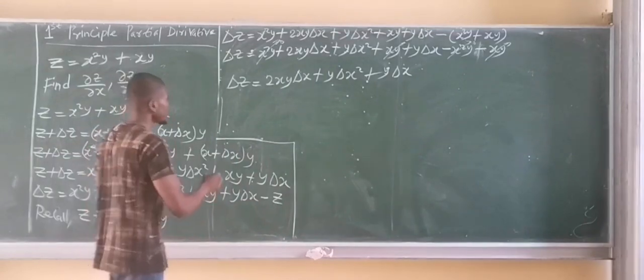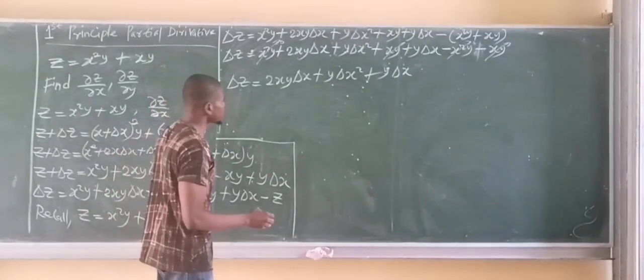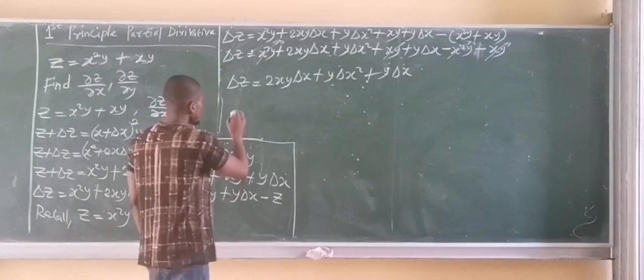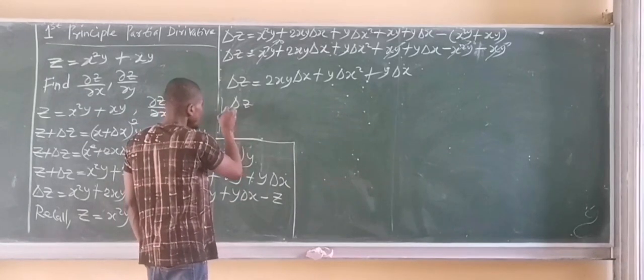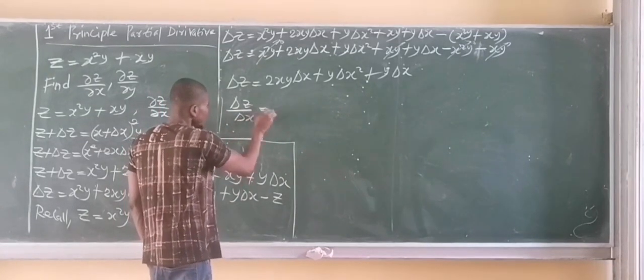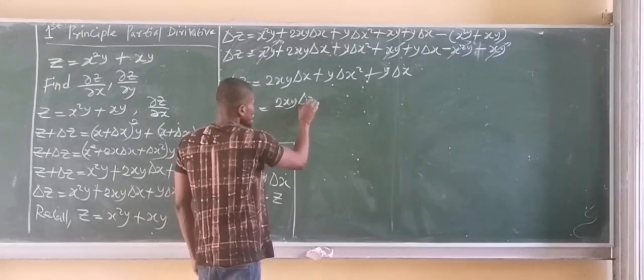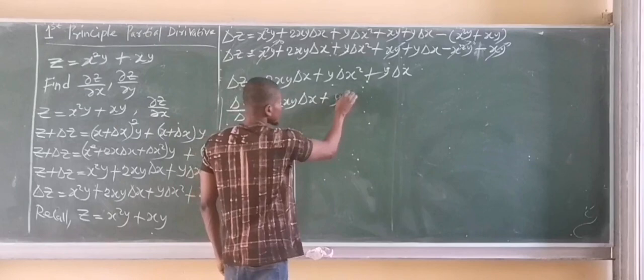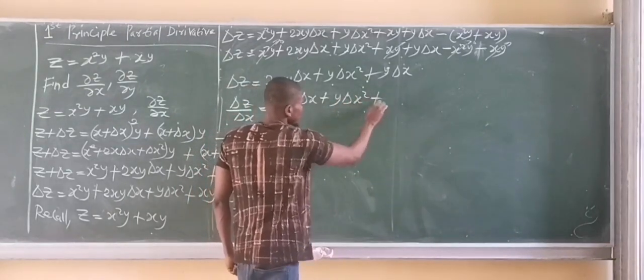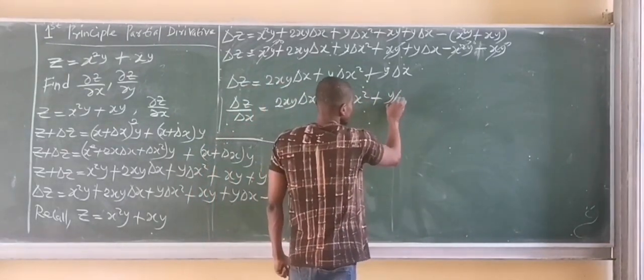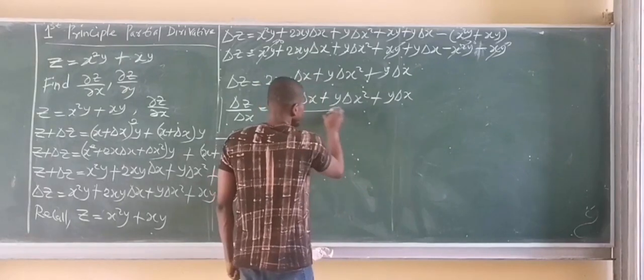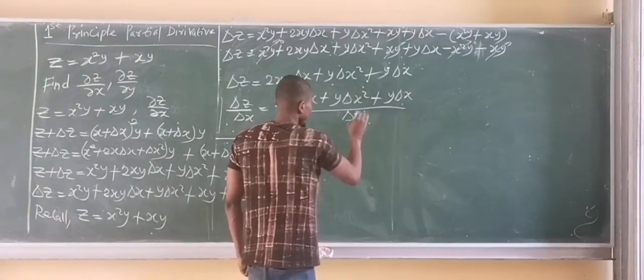At this point, divide both sides by change in x. So you're going to have change in z all over change in x is equal to 2xy change in x plus y change in x squared plus y change in x, all divided by change in x.